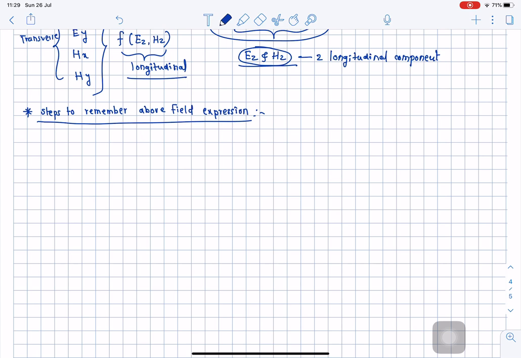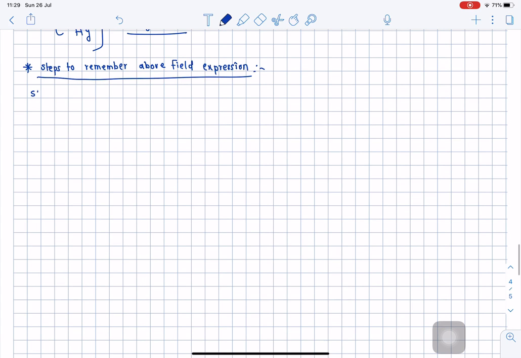If you want, you can note down these steps along with me. Step number 1 is write the correct polarities on the right hand side.